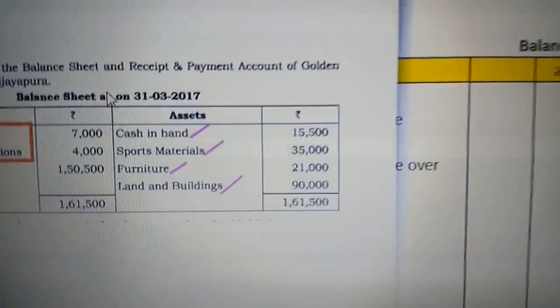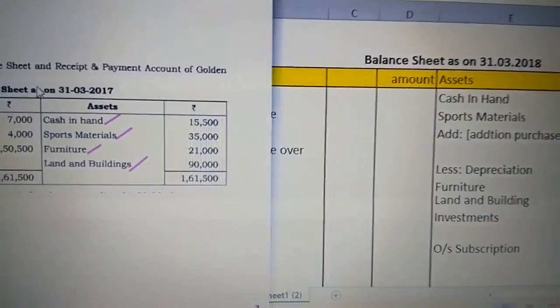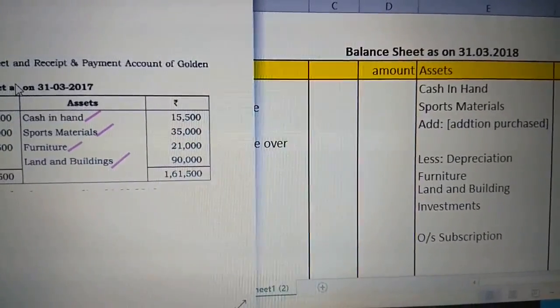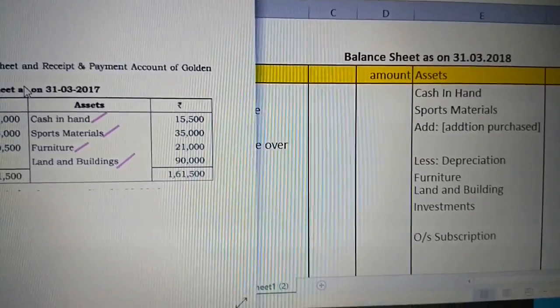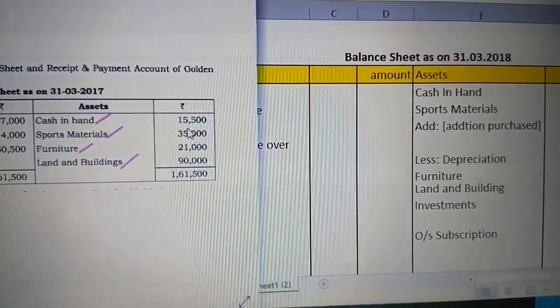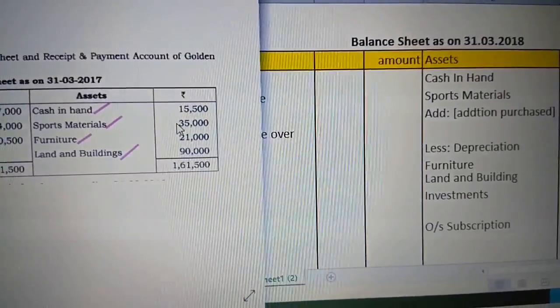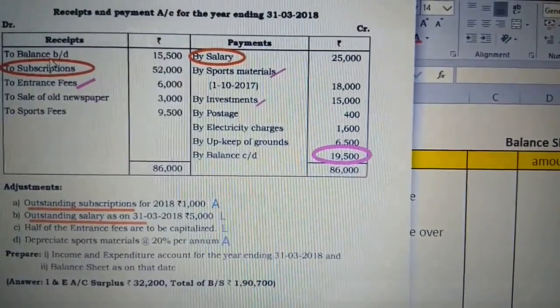Opening cash in hand, then just observe, cash in hand I have taken, sports material, then furniture, then land and building. So just observe cash in hand, we are not supposed to take 15,500 here because this has already been adjusted. Let me show you. Can you all observe 15,500? This is the opening balance.